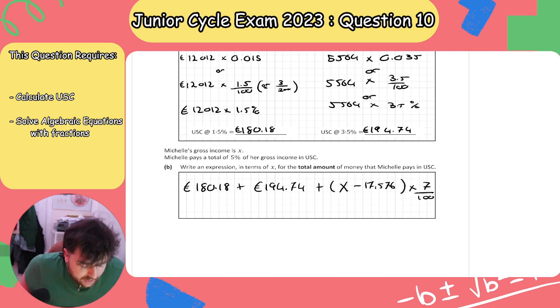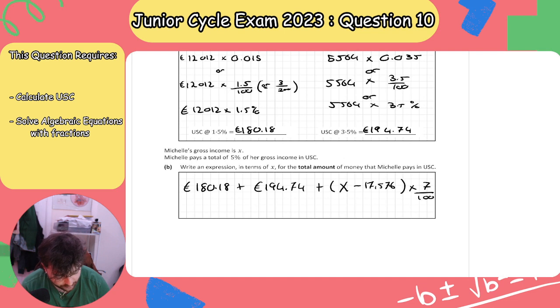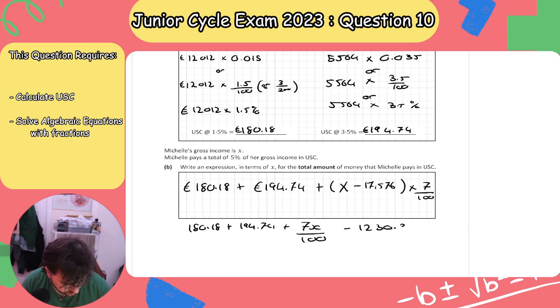But we can simplify it further. 180.18 plus 194.74 plus 7 over 100 times X is 7X over 100. And then X minus 17,576 multiplied by 7% is going to be minus 1,230.32 euro.